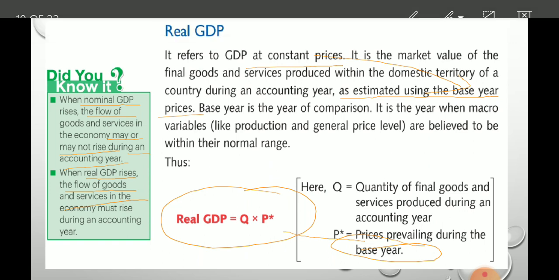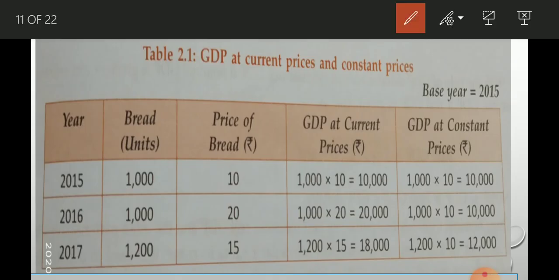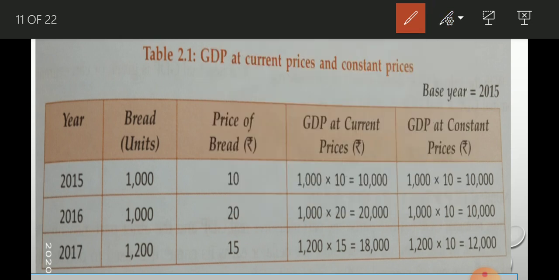Let me explain with the help of the next slide. In this slide, 2015 has been considered as the base year. In the base year, a total of 1000 breads have been produced. The price of one unit of bread is 10 rupees.